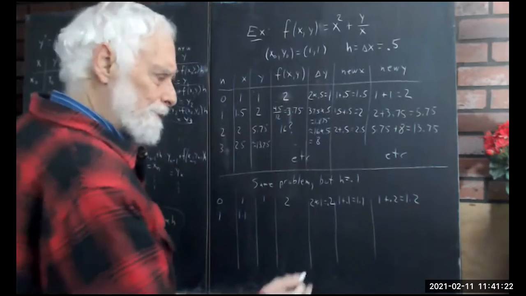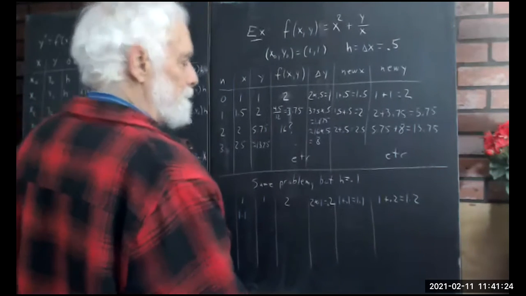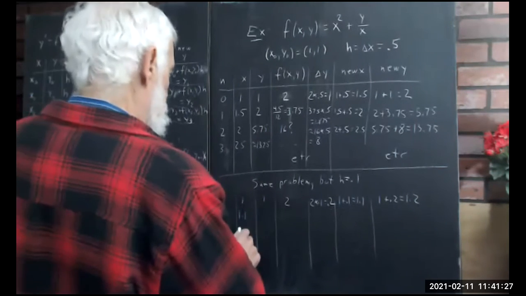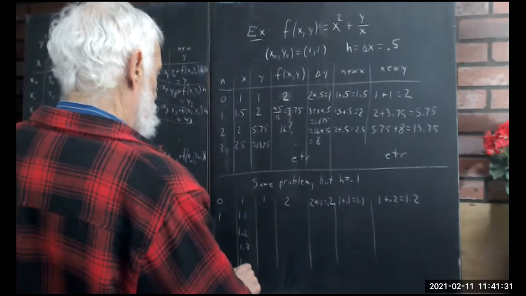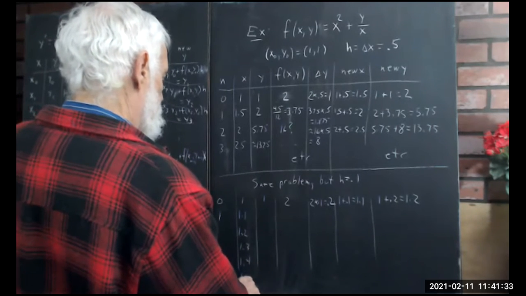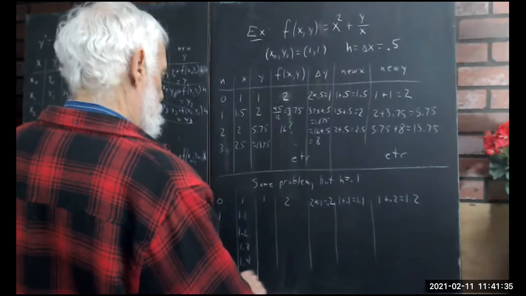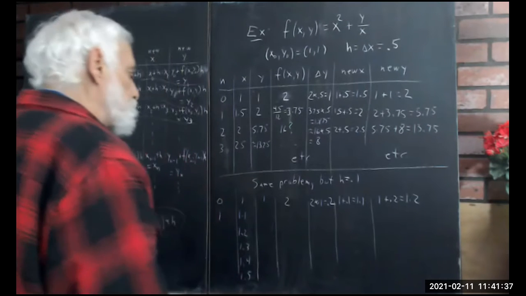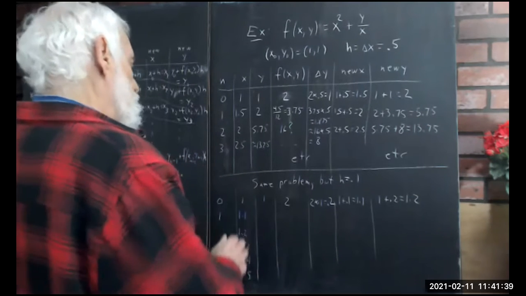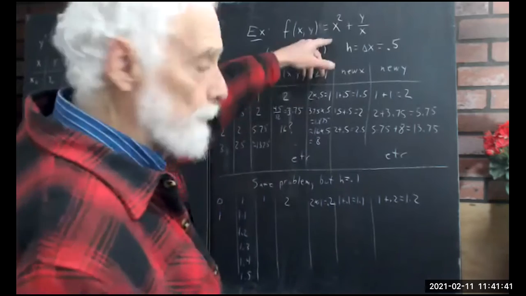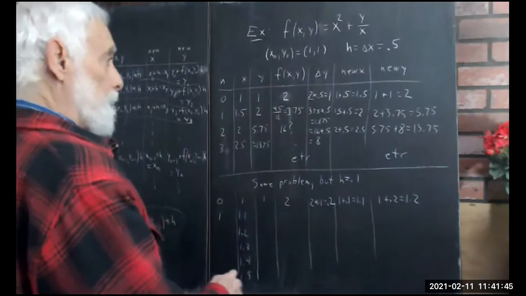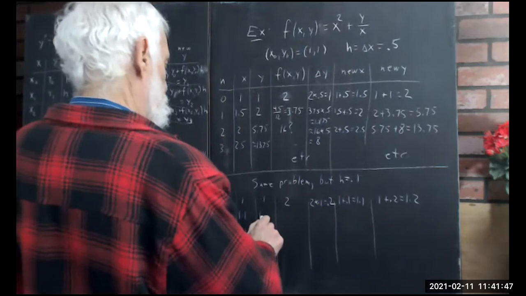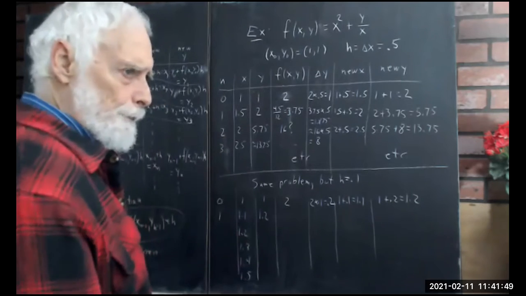And my x's are going to go 1.1, 1.2, 1.3, 1.4, 1.5. Okay. 1.1 squared is 1.21. Actually, let me get my y value in here. It's 1.2. Okay.